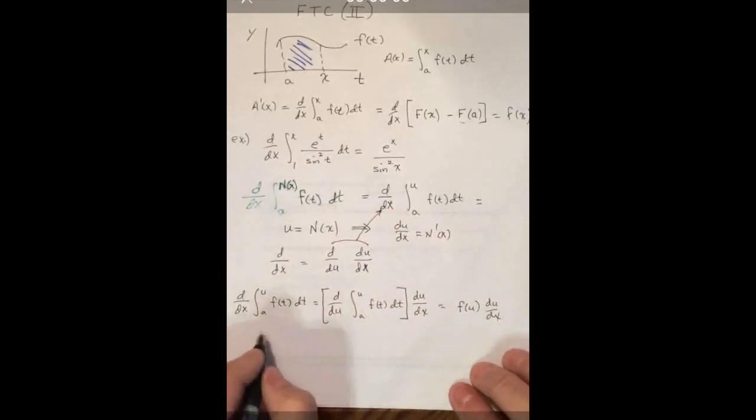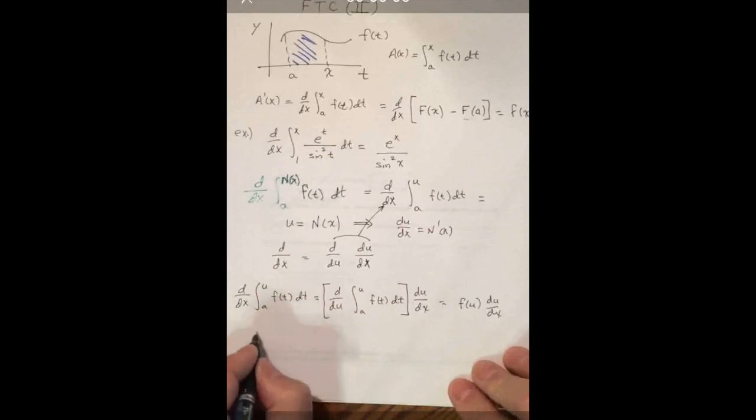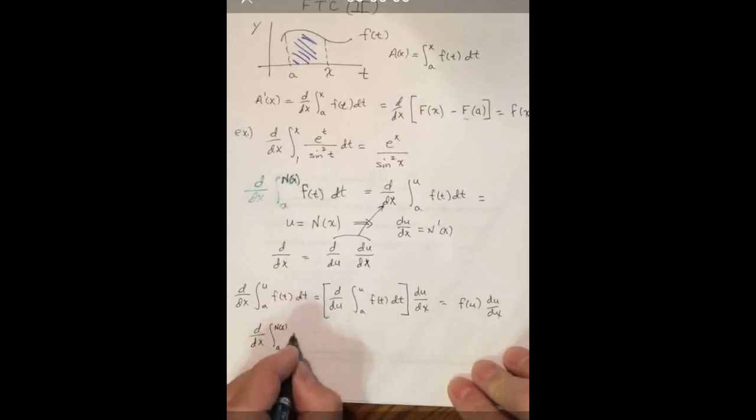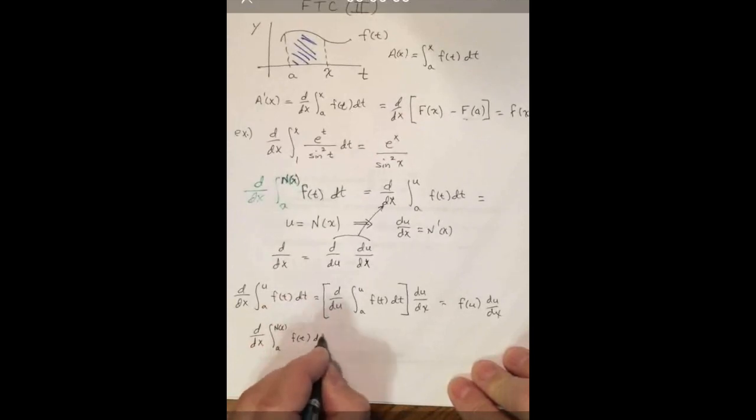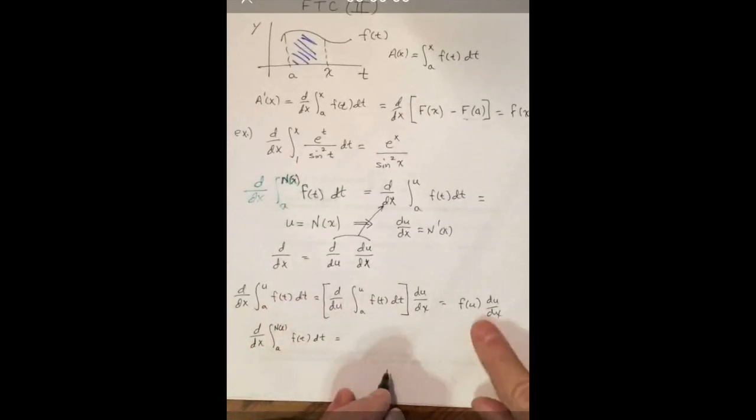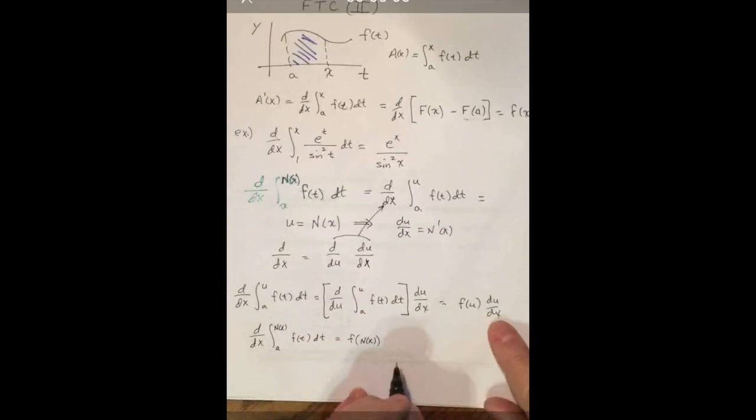So if we go back and put everything as it was written originally, we want the derivative with respect to x of the integral from a to some function n of x of f of t dt. Well, this says it's going to be f evaluated at n of x, and that's just going to be a composite function, times du dx, which is n prime of x.